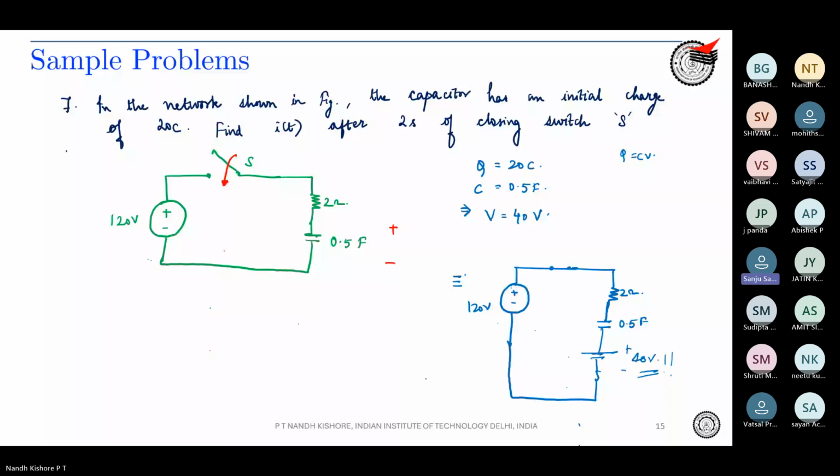Next, put on 2 ohm resistor parallel to the capacitor 0.5 farad.